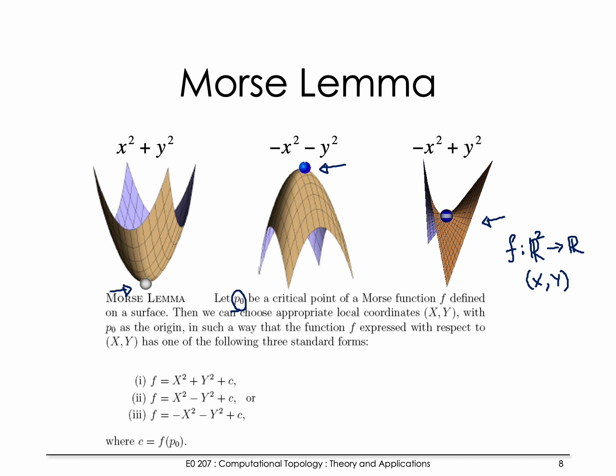What the lemma states is that f can be expressed in the neighborhood of the critical point in one of these three forms. It says that f behaves either as x squared plus y squared plus a constant, or x squared minus y squared plus a constant. This is the saddle case. Or minus x squared minus y squared plus a constant. This is the maximum.